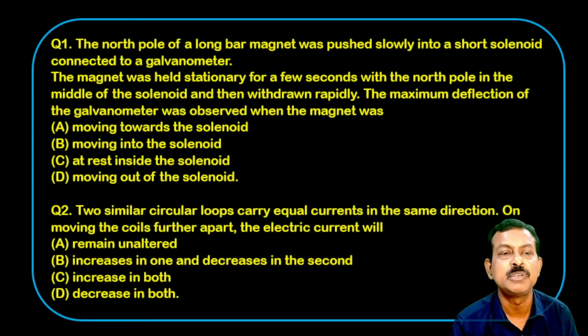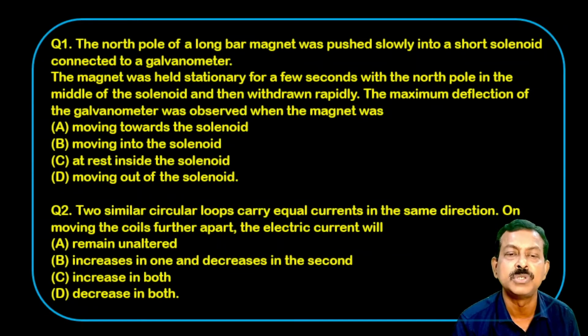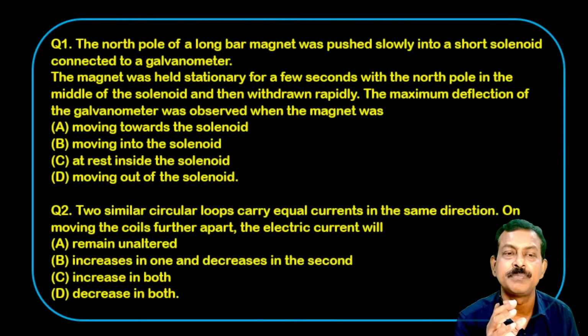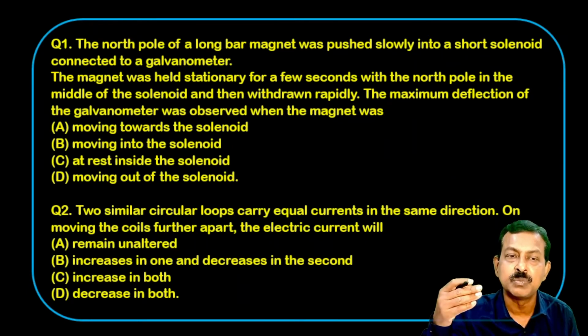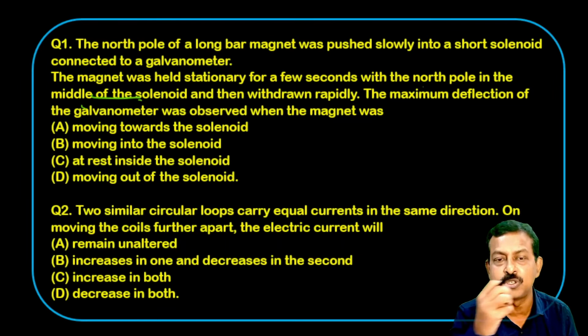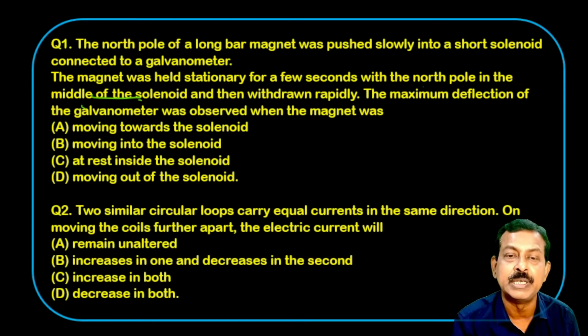The maximum deflection of the galvanometer was observed when the magnet was... Now you see the movement of the magnet which is given here: the magnet is moved along the axis of a short solenoid and held stationary for a few seconds with its north pole in the middle of the solenoid. And after that it is withdrawn rapidly.